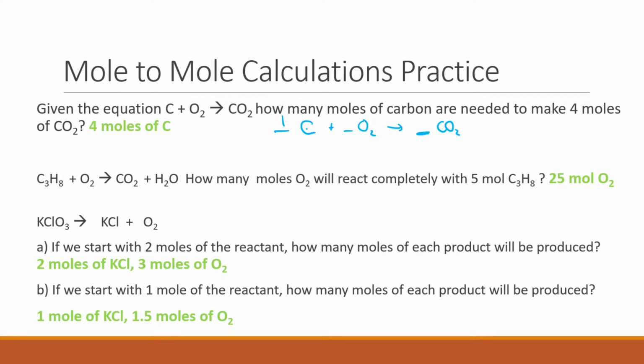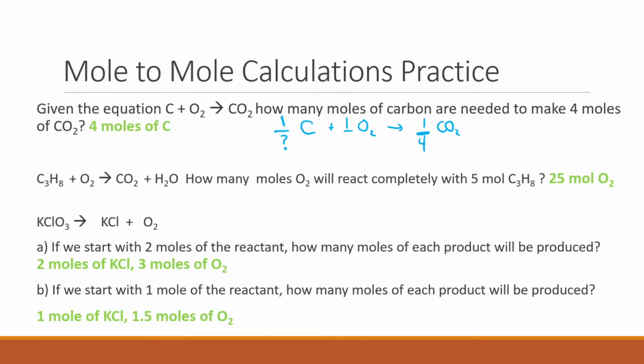So it's a 1, and a 1 up top. The question says how many moles of carbon, so a question mark under our carbon for the denominator there, are needed to make 4 moles of carbon dioxide. So a 4 under our carbon dioxide. The oxygen doesn't play in here, so we're just going to leave it alone.